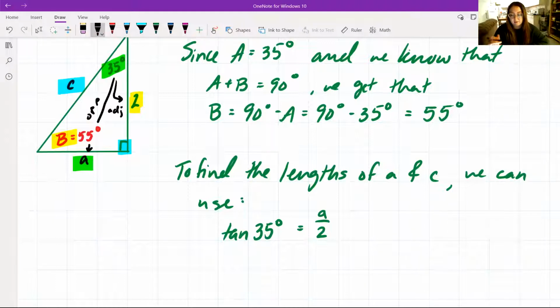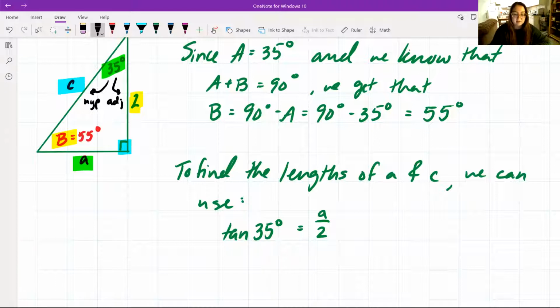Now, if we want to find the length of C, we're going to go ahead and erase that. If we want to find C, we can use the values that we already know, which is 2. If we still want to use 35 degrees, this means that we're going to use our adjacent over our hypotenuse, and we know that adjacent over hypotenuse is going to be cosine.